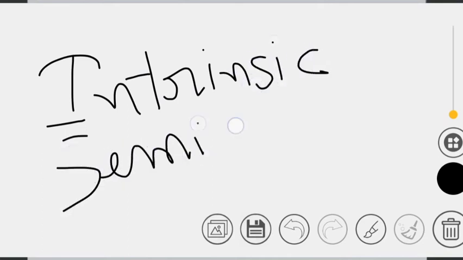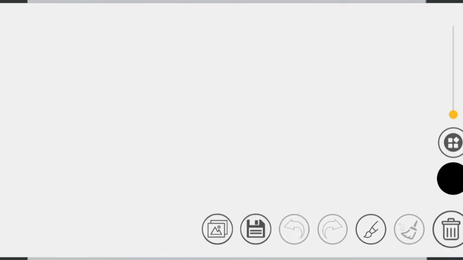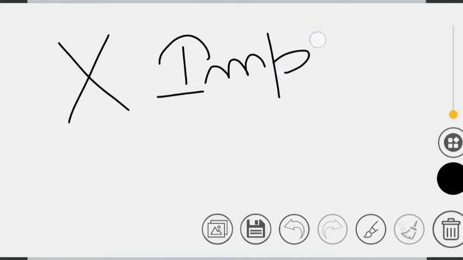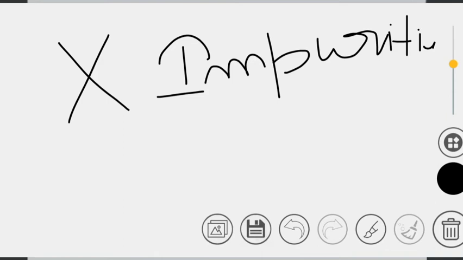Let me write the first definition. Intrinsic semiconductors are those semiconductors which don't have any impurities. Means these semiconductors are free of impurities.